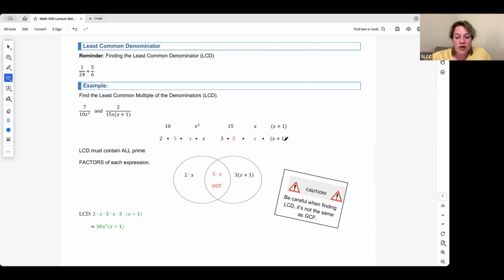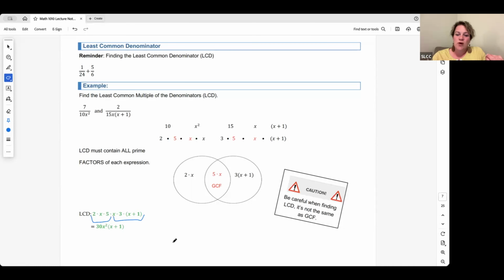When I take all the primes to find the greatest common factor, I'm just taking the common primes from each. When I find the lowest common denominator or the least common multiple, I need one of each of the distinct primes. So notice I have 2 and 5 and x. And then in the second term, I have 3 and x plus 1.